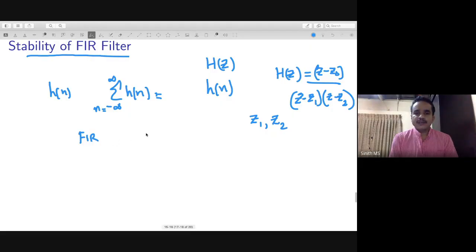We saw examples of FIR filters. h[n], we found it as 1, 1, and the two FIR filters that we have seen have the values 1, 1 and 1, minus 1, with the 0 index at 1. If you add this, will it be 0? Suppose you take sigma h[n], will this be 0?